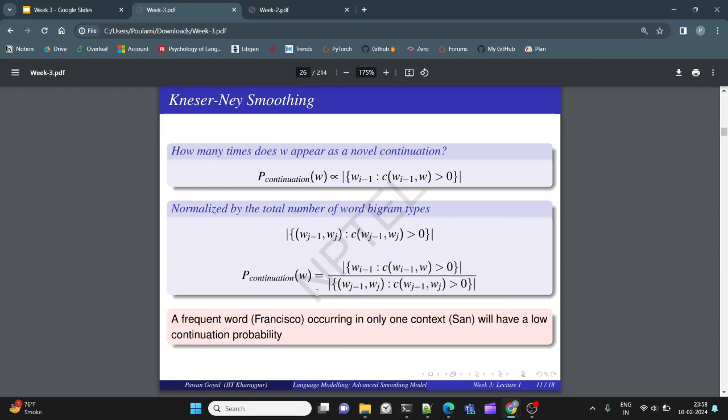Once I have the bigram types, I take the count of bigram types where W is ending that bigram. So W is the second word in this pair of words. And in the denominator, we take the count of all possible bigram types. That is how we get the continuation probability.